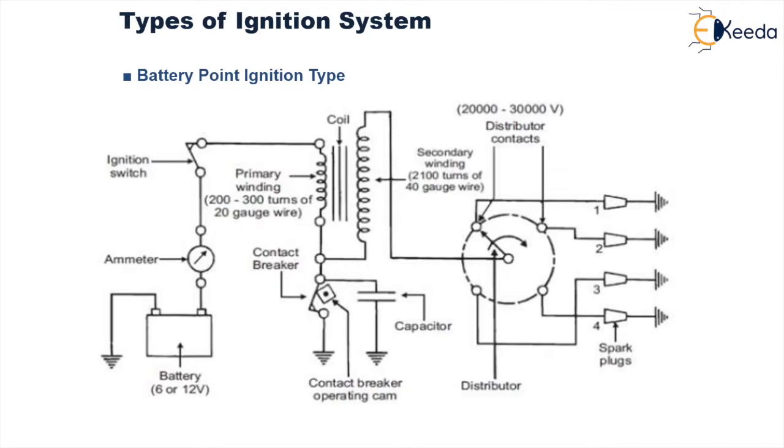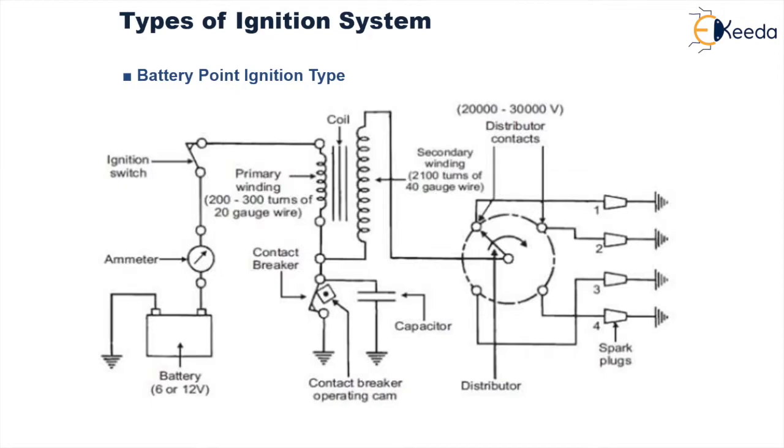The distributor, as we can see here, rotates in a clockwise direction, and there are four different points along the circumference of the inscribed circle, to which the spark plugs for each individual cylinder, that is 1, 2, 3 and 4, are connected. The voltage available across these distributor contacts is 20,000 to 30,000 volts.